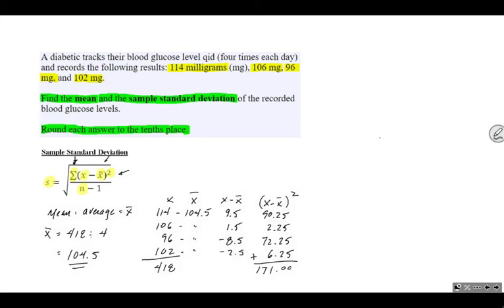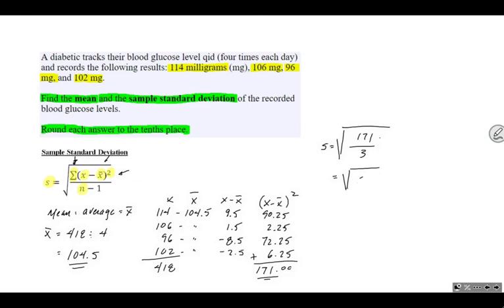So we can come up here and we can now calculate for s. S is going to equal the square root of our sum of x minus x bar squareds. That's this 171 value, 171, over, now we said that n is our number of numbers. We've got four numbers in the list. N minus 1, pretty straightforward. That's going to be 4 minus 1 or 3. So we now need to find out what 171 over 3 is.